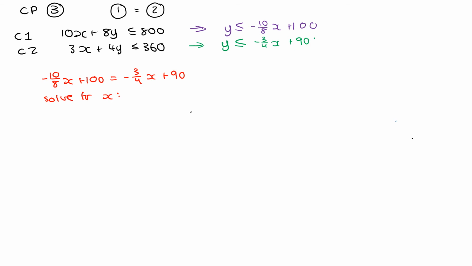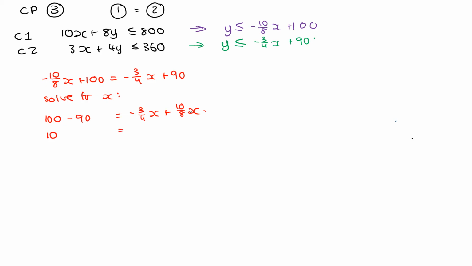So we have 100 minus the 90, as the 90 crosses to the left-hand side. Then we have minus 3 upon 4x plus 10 upon 8x, which becomes plus because it was minus on the previous side. So we have 10 is equal to that.